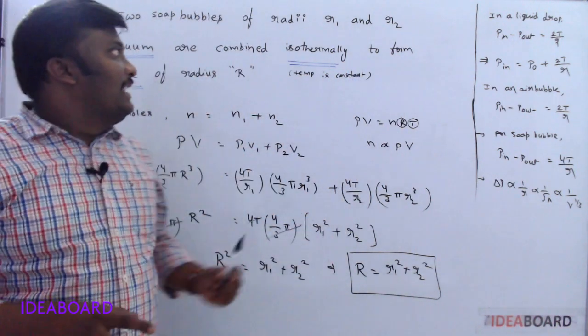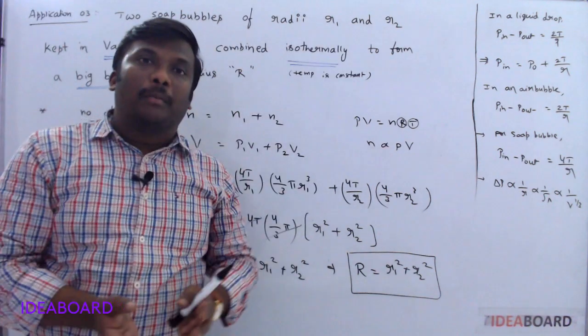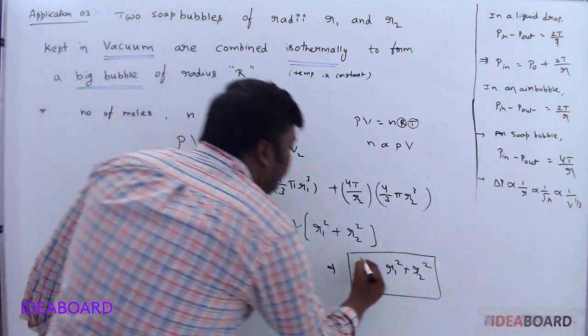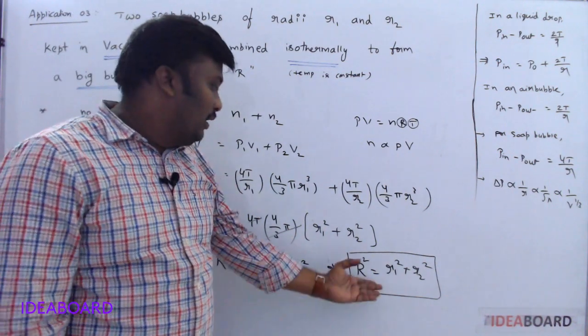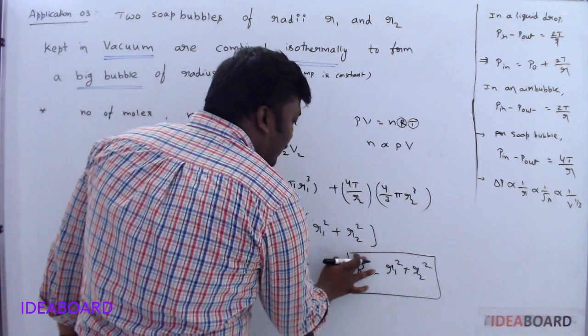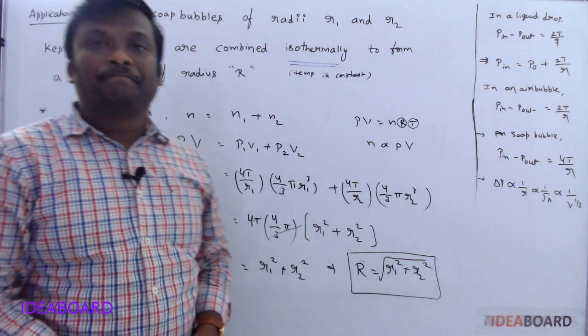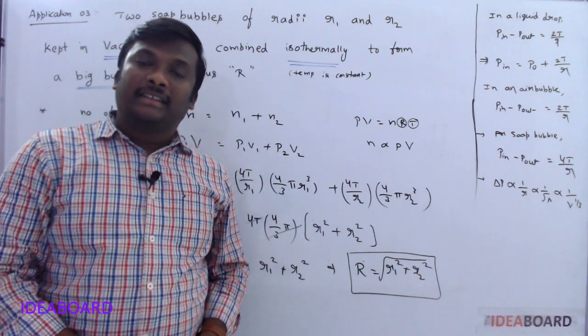In the third case, they are taken in vacuum and combined to form a bigger bubble, and then R square equals R1 square plus R2 square. If you want R, just take the root of R1 square plus R2 square. Understand? This is about the excess pressure.